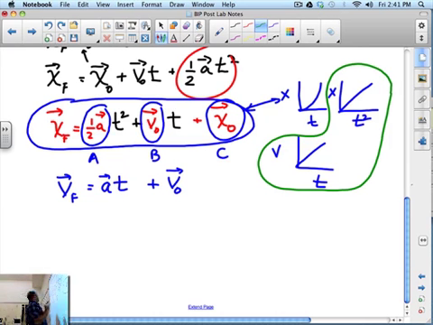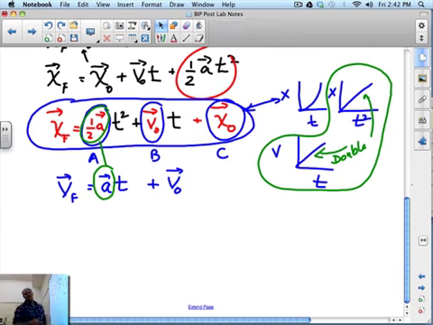Do you see what happened here? This slope was double that slope. And this term is 1/2 a, whereas this term is a. This shows you why. That's kind of cool. So that was your second kinematics equation. You got one more to go.